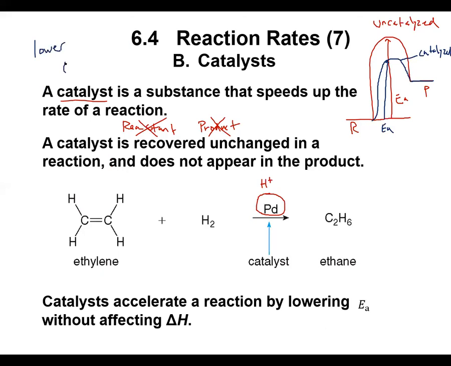And because it lowers that activation energy, the reactants have a much smaller hill to get to the other side. That means more reactants are able to do that. That means an increase in the rate of the reaction versus the uncatalyzed reaction. Any questions on that there?